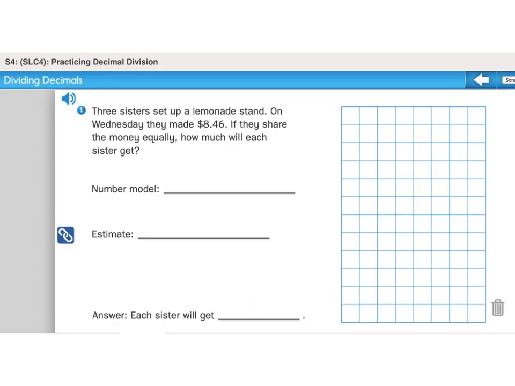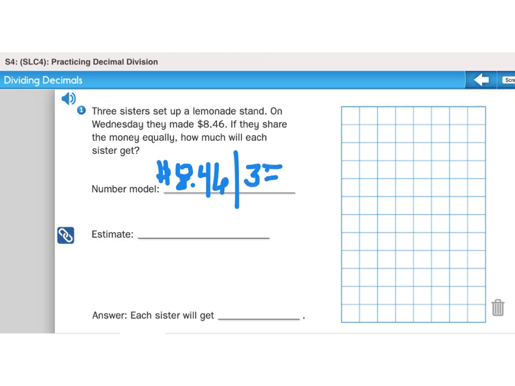So number 1 says, 3 sisters set up a lemonade stand. On Wednesday, they made $8.46. If they share the money equally, how much will each sister get? Well, first we have to do our number model. So our number model would be $8.46 divided by, we have 3 sisters.